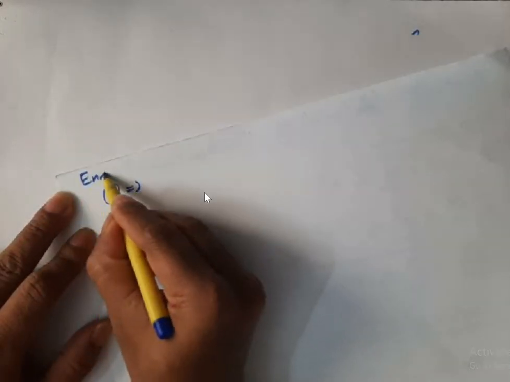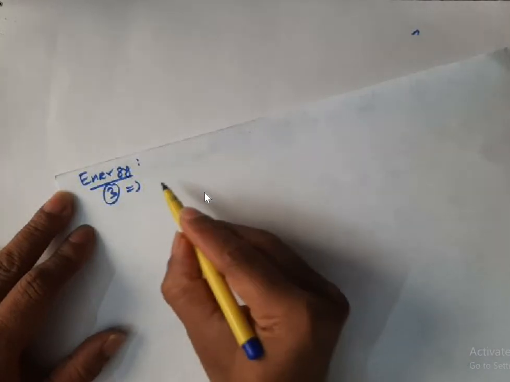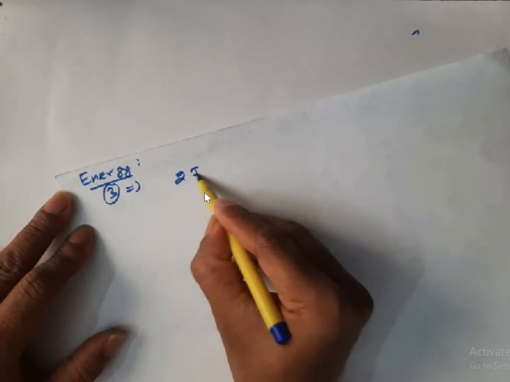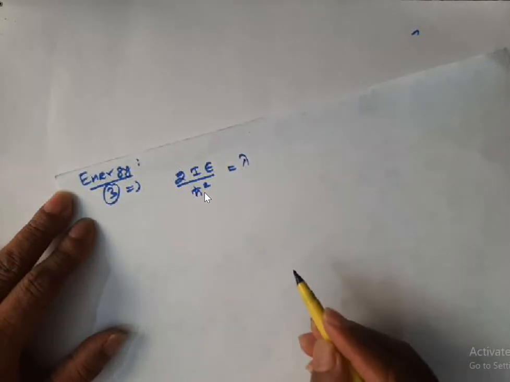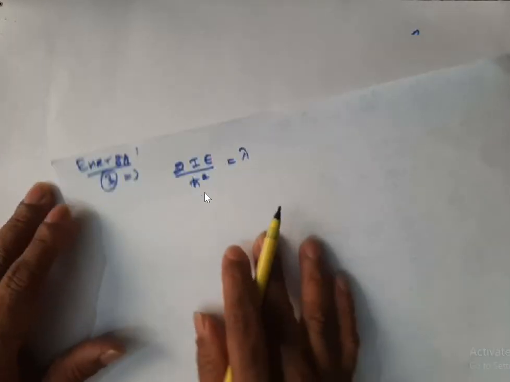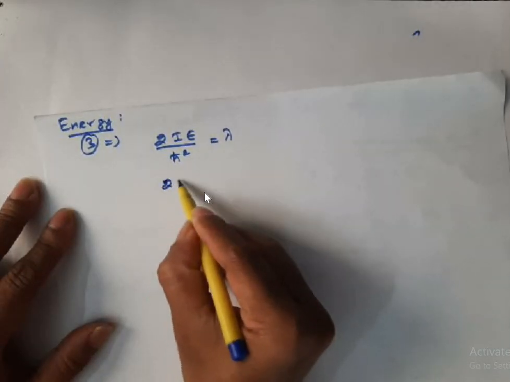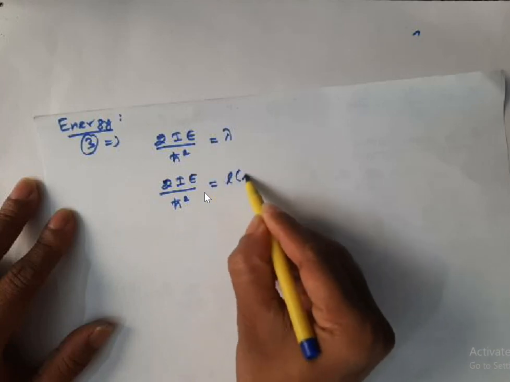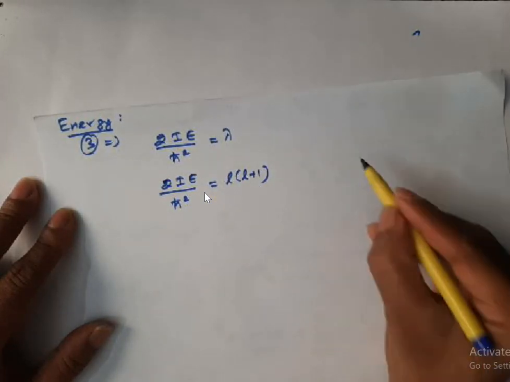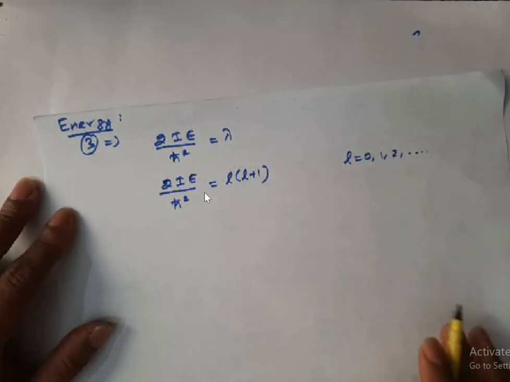Listen. In the last lecture, we replaced this 2Ie by h bar square with lambda. So that is equation number 3 actually. Let me go to equation number 3 to get the energy. Our goal is to find energy. From equation number 3, we know that 2Ie by h bar square equals lambda. And we found that lambda is nothing but L into L plus 1.